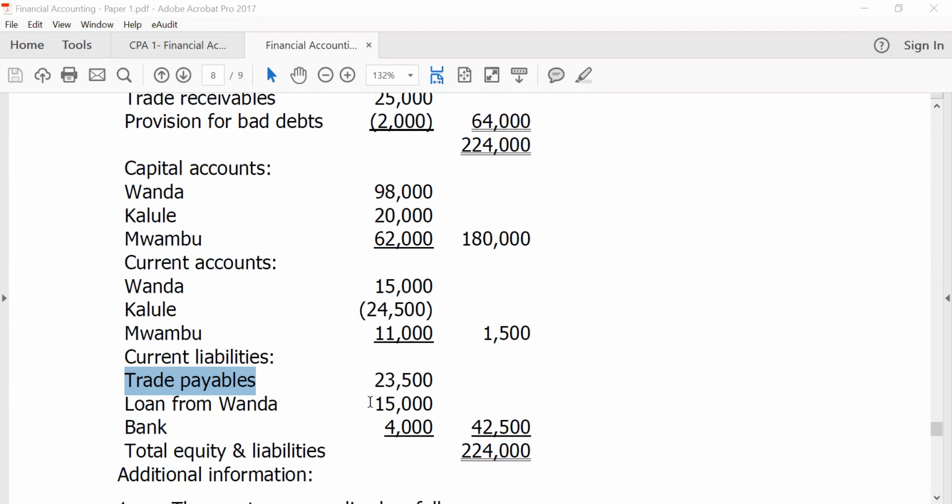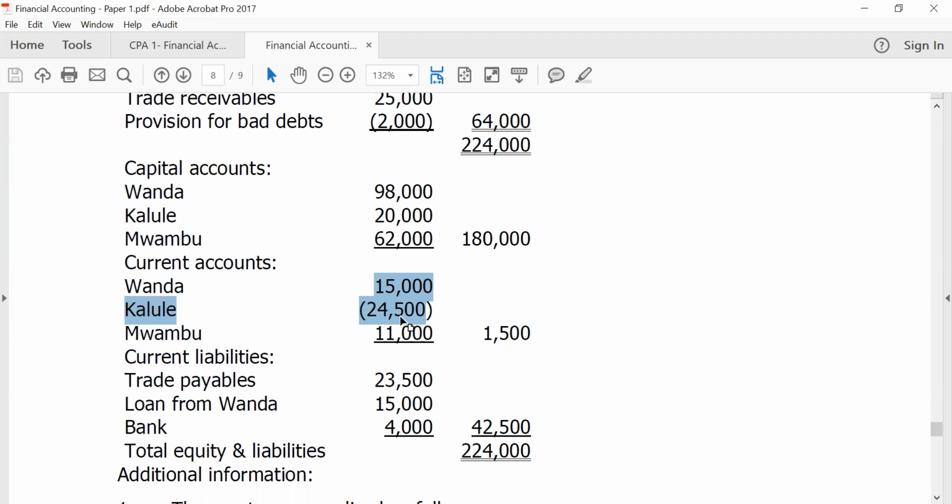Okay, so after the liabilities, one of the things that we're also going to do is that each partner's current account is cleared to his capital account. So whatever we are seeing here in the current accounts, we have to clear it to the capital account. When I say clear, it means that we close off the current accounts as well to the capital account.